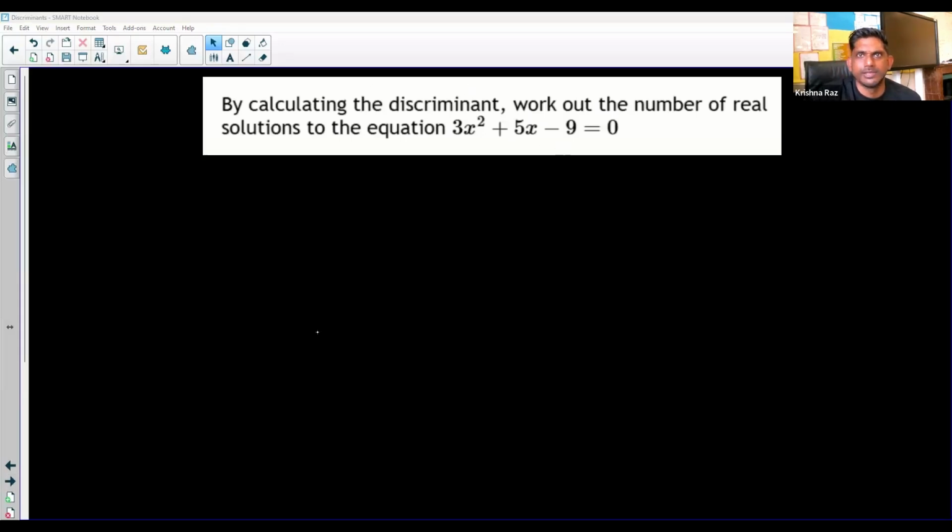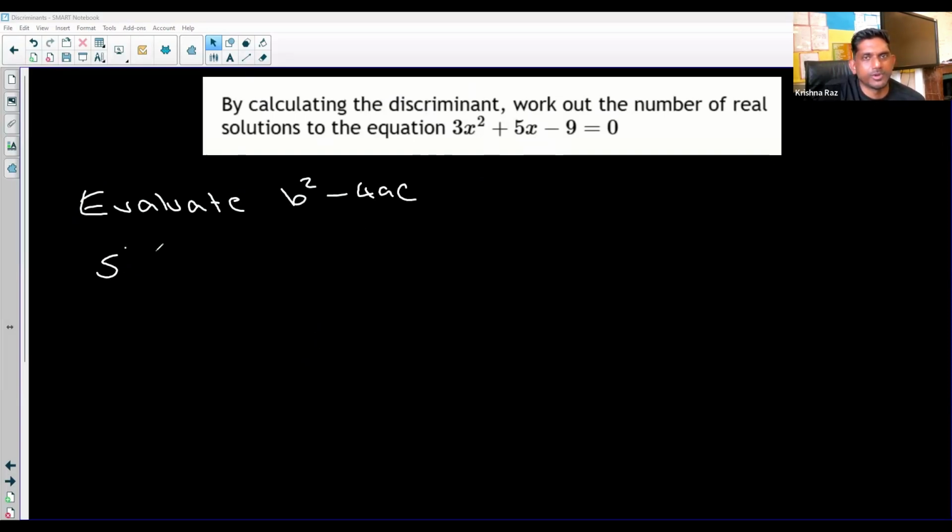So here, by calculating the discriminant, work out the number of solutions to the equation 3x squared plus 5x minus 9. So it just tells me I don't need to solve anything. It's made the question a bit easier for me. So we need to evaluate b squared minus 4ac.